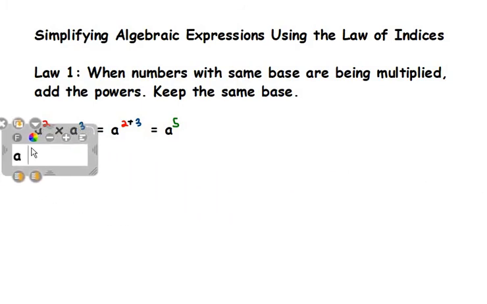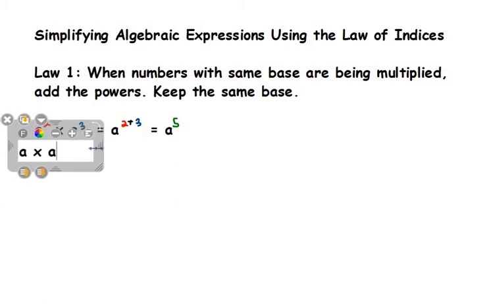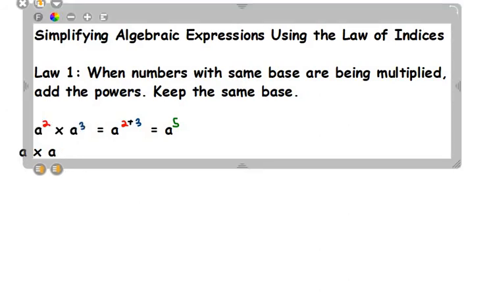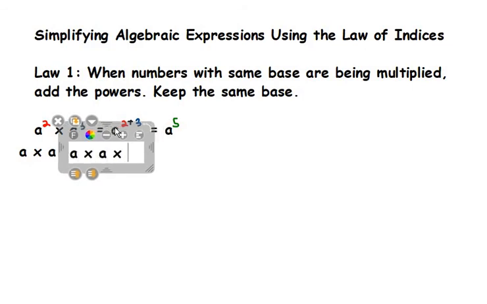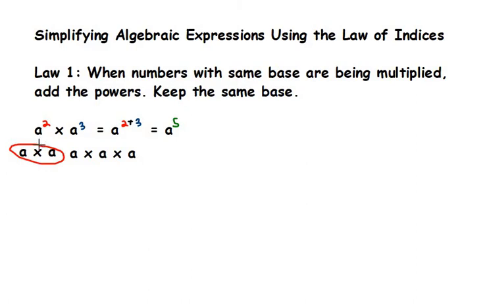And a cubed in expanded form would be a multiplied by itself 3 times, a times a times a. And remember we're multiplying these, so we're multiplying a squared times a cubed.